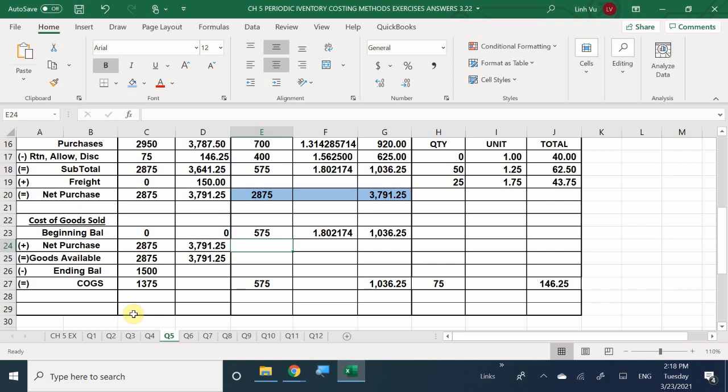If you can figure out the other method without like help, then that's good for you. Okay, but I'm only going to show you how to calculate the cost of goods sold. All right. So cost of goods sold, right? We're using LIFO. That means last ones in are the first to go. So in this case, my 575 was the last batch I bought.